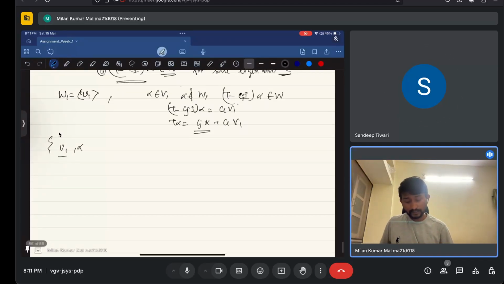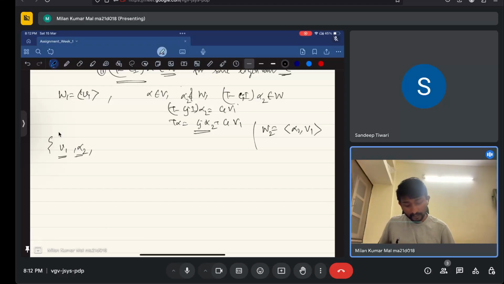V1 is there. Let's add alpha, and for the sake of completeness I'm writing alpha 2. This is the alpha 2 vector, to make it clear. So now let's take W2 equal to span of alpha 2, V1.